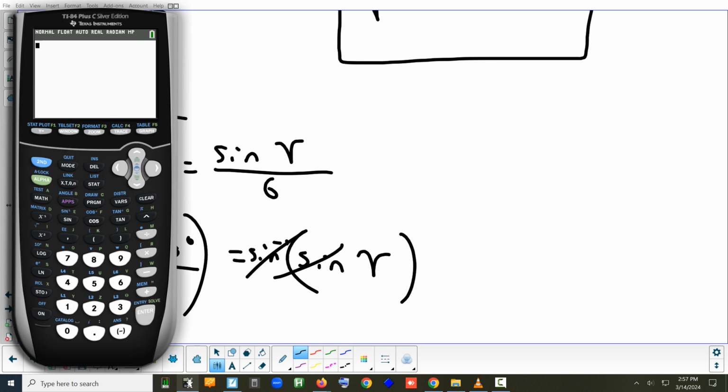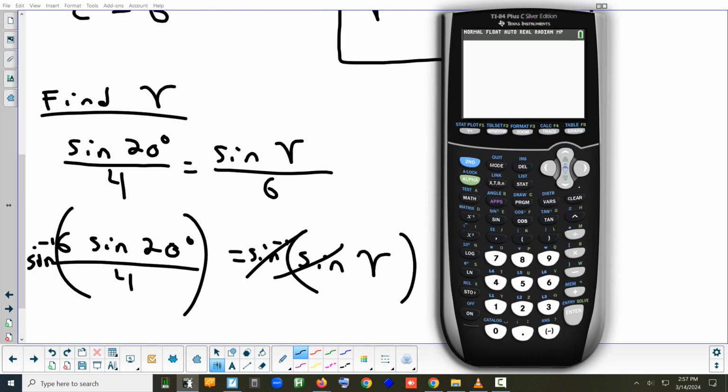And now we need the inverse sine of, let me change to degrees first, inverse sine of 6 sine 20 divided by 4. Okay, make sure that you type it in and close the parentheses where I did. Okay, and when you typed it in, you need to actually do inverse sine. That'll do it, yeah.